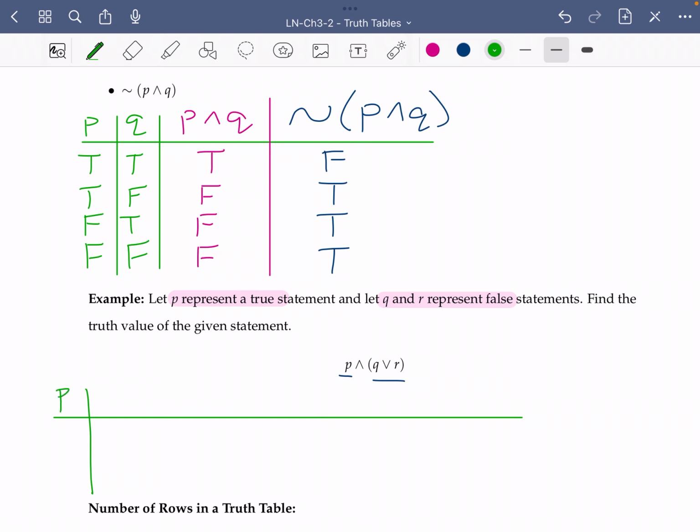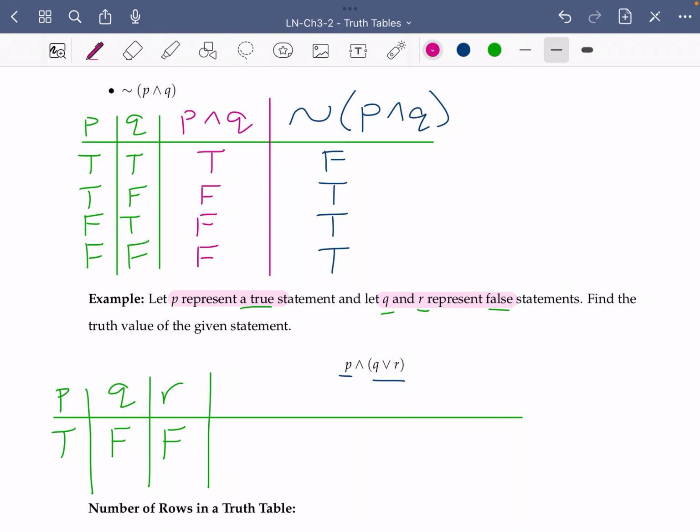So for P, we know that P is true. Q, we know is false. And R, we also know is false. So we know the truth values of P, Q, and R, and we're just building out this one row, not the entirety of it.